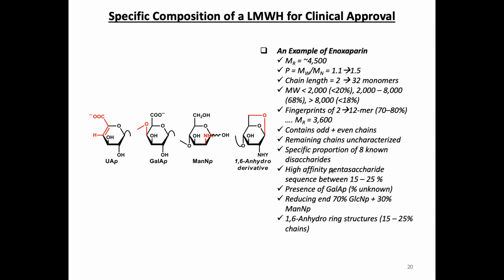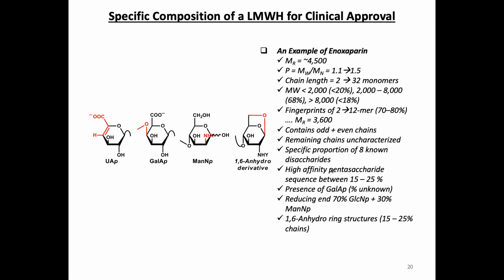And then in the preparation, in the synthesis of low molecular weight heparins, you have introduced sugars that are not naturally present, such as galacturonic acid. So you have glucuronic acid and iduronic acid. But enoxaparin has galacturonic acid. What is the proportion of this new monomer?